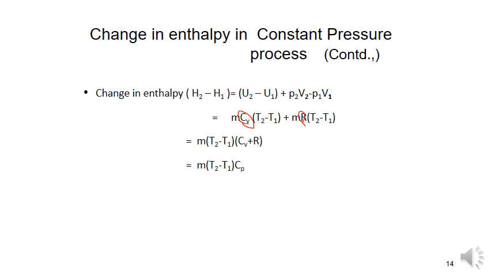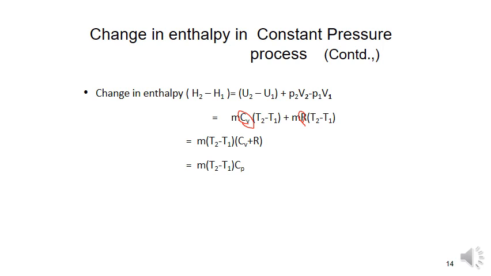This is the change in enthalpy. So for heat transfer at constant pressure, dQ is equal to the change in enthalpy dH, which is equal to mCp (T2 minus T1). Whereas in the case of a constant volume process, the heat transfer is equal to the change in internal energy, so dQ is equal to dU, which is equal to mCv (T2 minus T1).